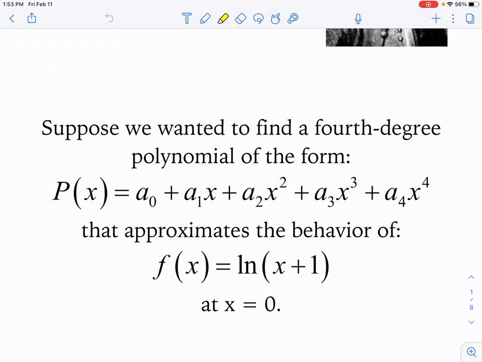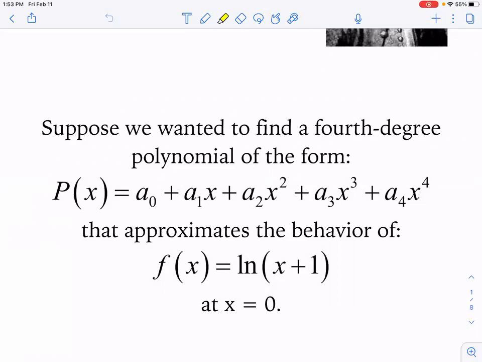We know how to graph them without a calculator pretty easily. So polynomials are by far the easiest type of equation to work with, especially when we're talking about graphing and taking derivatives and using them to interpret.